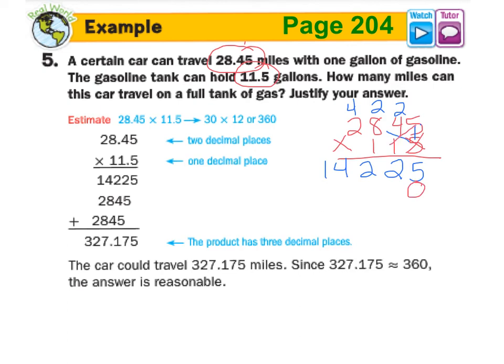So 1 times 5 is 5, 1 times 4 is 4, 1 times 8 is 8, and 1 times 2 is 2. So now I've multiplied by the tens. Now I'm in the hundreds, so I have to have 2 zeros. Bottom row, and 1 times 5 is 5, 1 times 4 is 4, 1 times 8 is 8, and 1 times 2 is 2.